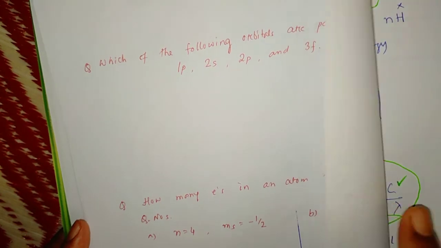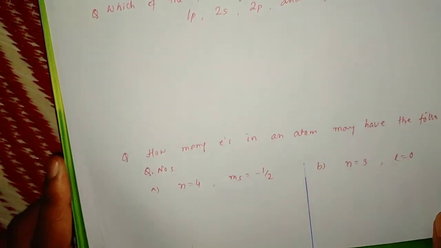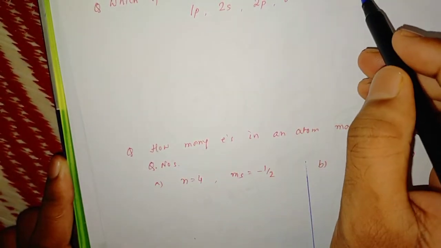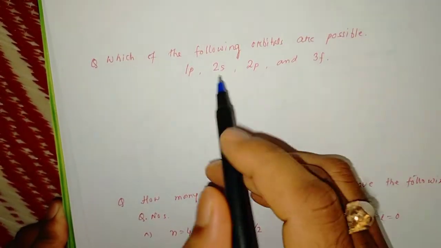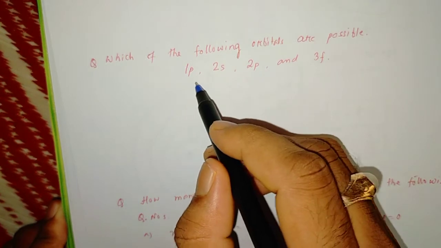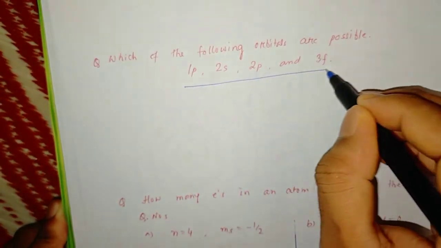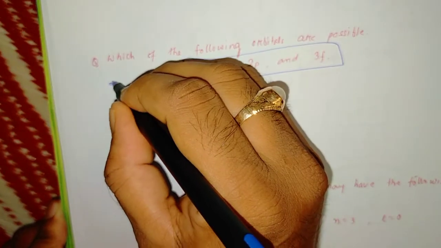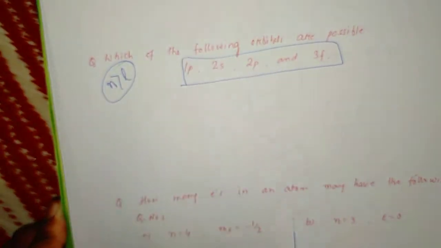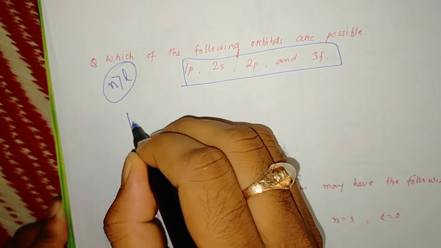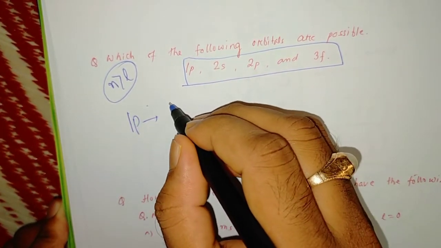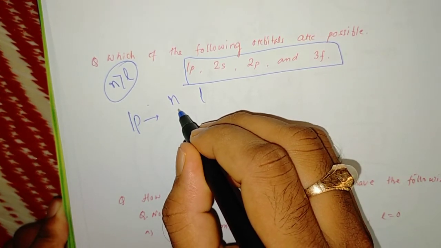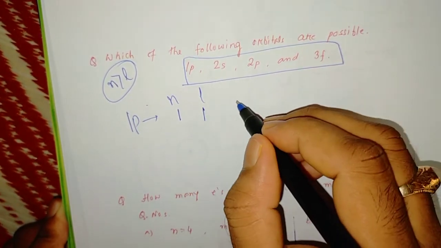Next question: which of the following orbitals are possible? An orbital exists if n is greater than l. If you consider 1p, the n value is 1, the l value is also 1.